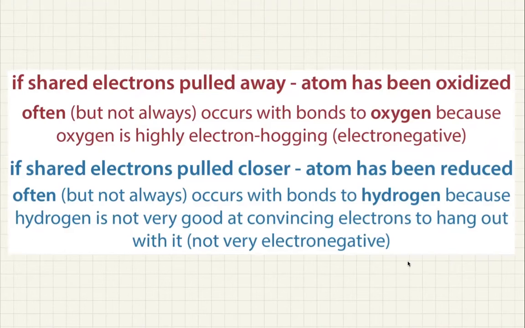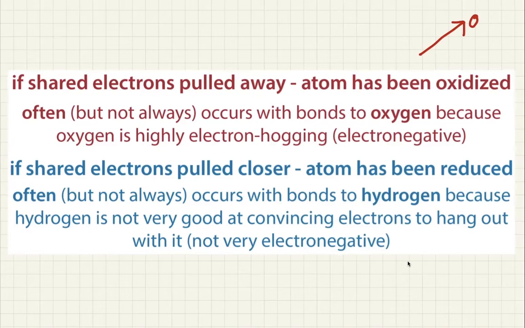And if we remember our periodic trends, the more electronegative things are going to be up in the upper right of the periodic table. One of the main ones we're going to be dealing with that's electronegative is oxygen. So oxygen is almost always going to win the battle.